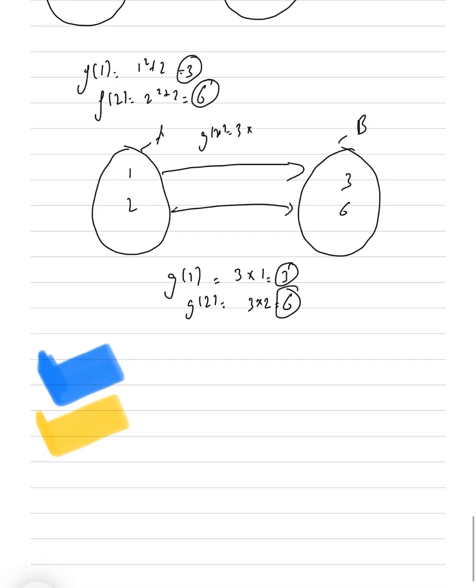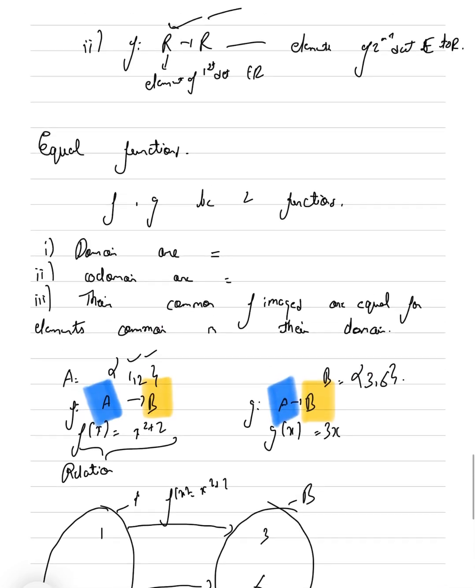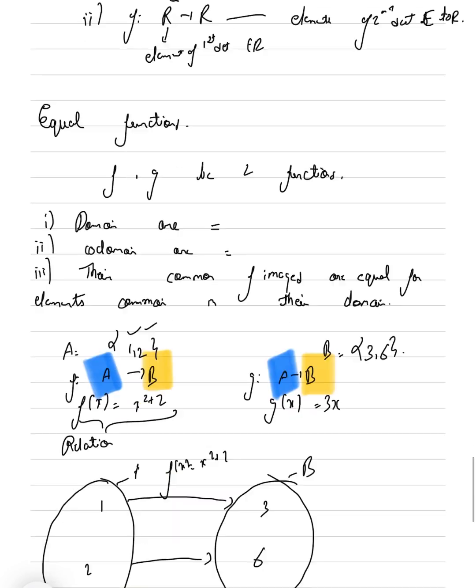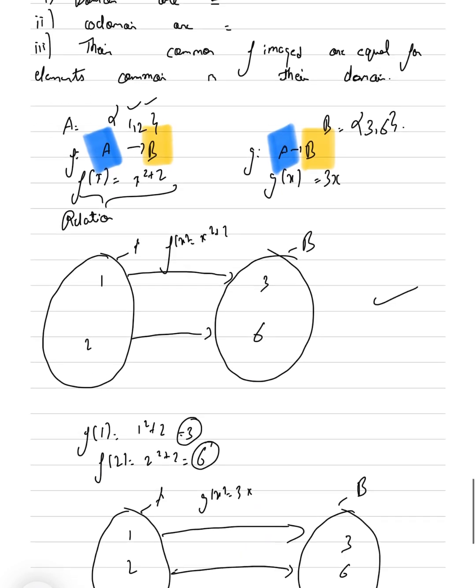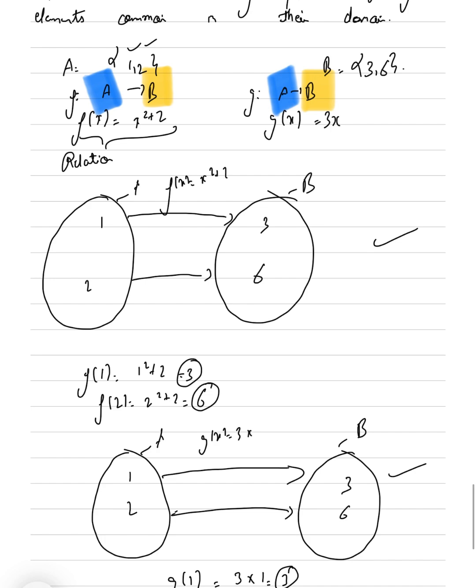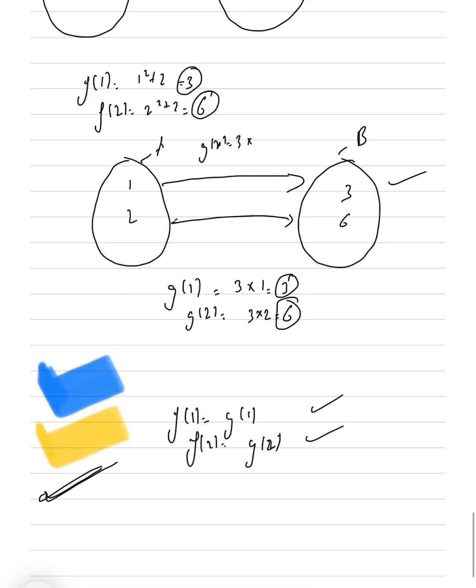We can clearly see that f(1) equals g(1) and f(2) equals g(2). Their images for the common elements are the same, so you can clearly say that both functions are equal. I think I made my point clear, how to define a function, how to represent it using sets, how to prove that functions are equal or not, and how to define the domain, range, and codomain of a function.